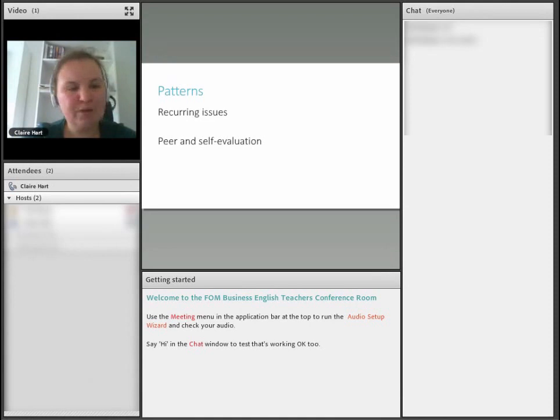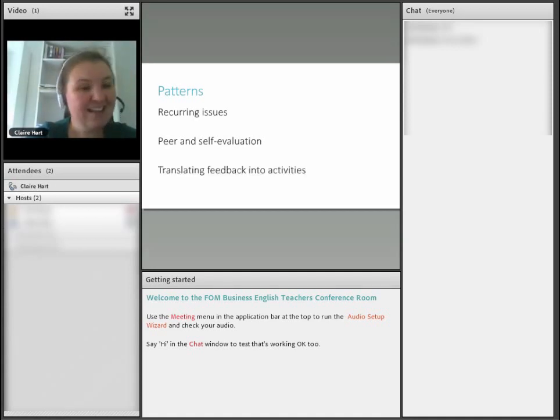So it's a kind of win-win situation. We can encourage learners to look for patterns in each other's language and use that as the basis for feedback. Of course, self-evaluation is also important, to encourage learners to identify patterns in the English that they produce themselves and to feed that back to you one way or another so you can be aware of it.